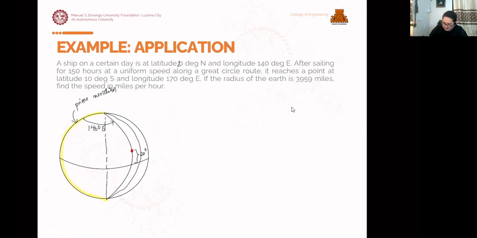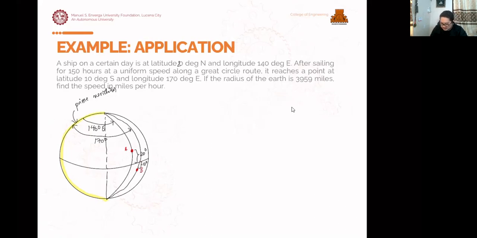So, halimbawa, yan yung itsura niya. So, yung portion na yan is mula dun sa prime meridian natin is 170 degrees east. And yung position niya is 10 degrees south. So, mula dito sa equator natin, 10 degrees south tayo. So, that will be this position. Okay? So, position A natin, position B. Okay, that is 10 degrees.